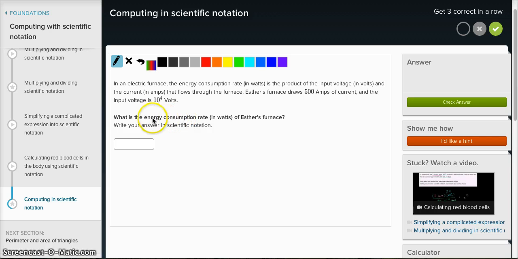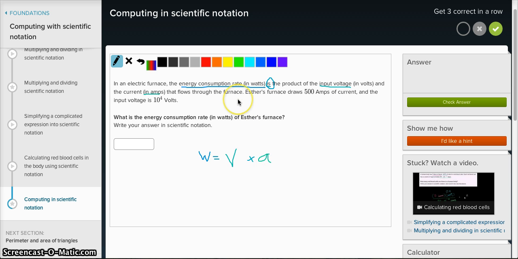So they're asking what is our energy consumption rate in watts. It tells us what it is. So I'm just going to abbreviate that as W. And it tells us it is, so my equal sign is the same as is, the product, so it means something is multiplied, of the input voltage, I'll just call that voltage, times the current in amps. So I'll call that A for amps.